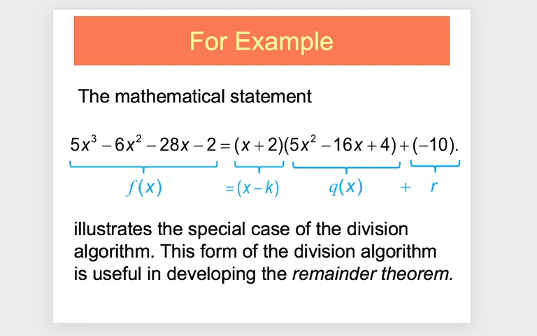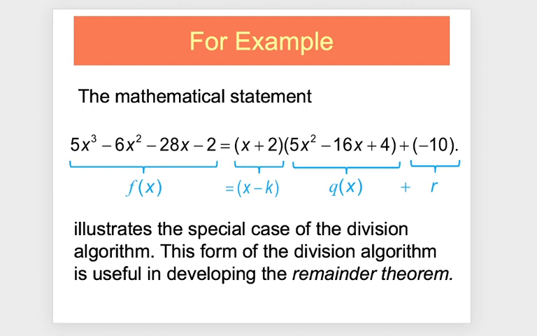And we call this in the format of the division algorithm, but what we can do is we can use this format to get to what's called a remainder theorem. So in other words, a way of performing some type of mathematical operation that will give or produce less work.